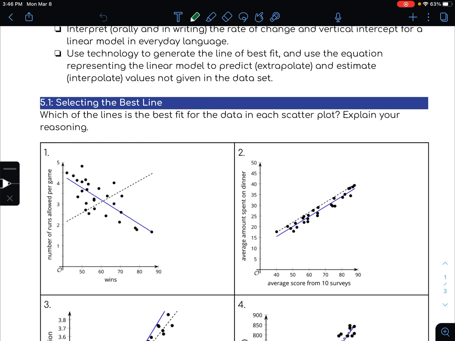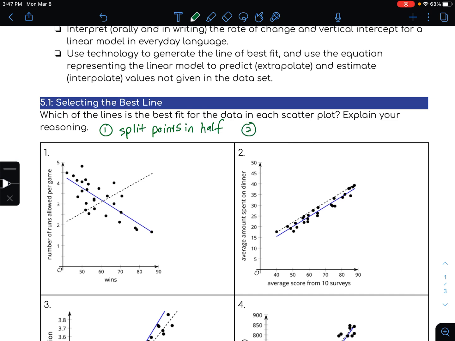Explain your reasoning. So remember, there were really two qualifications that I was talking about in our notes. Number one, a line of best fit should generally split the data in half, split the points in half. So about half the points are above the line and about half the points are below the line.